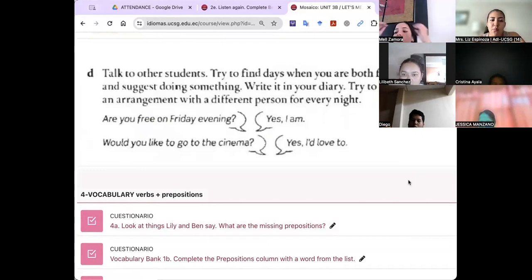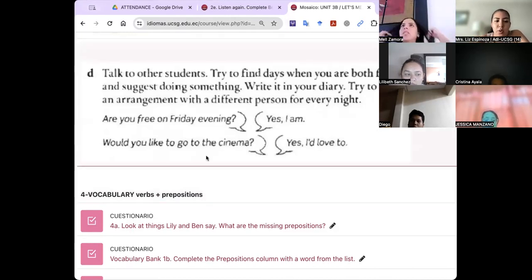Try to make an arrangement with a different person for every night. Okay, so this is actually a speaking task that is quite long, but as I mentioned, we're only going to do a couple of examples, okay? So, let's start. I will need the help of Juan Marco and Paola, all right? So, start asking questions similar to this one.